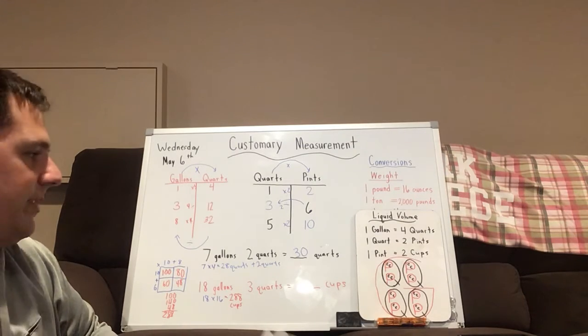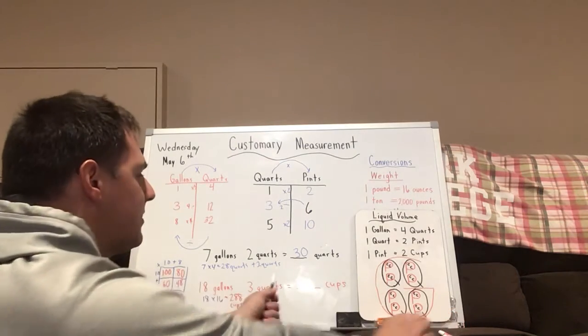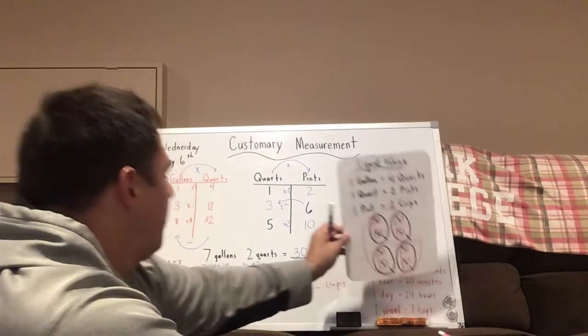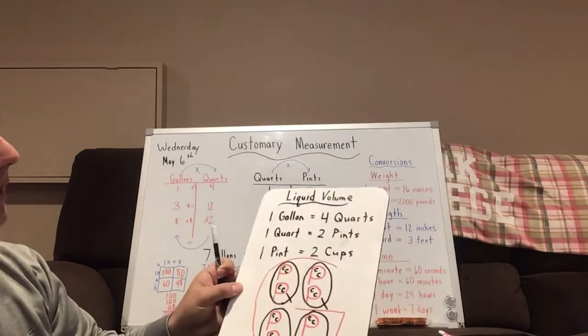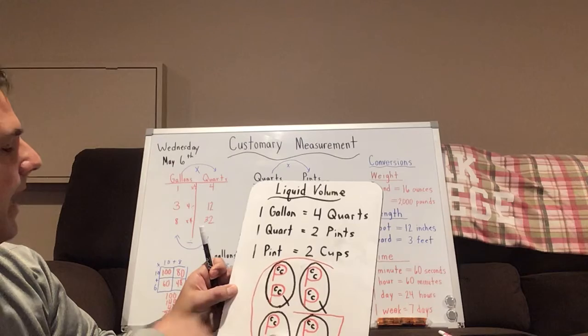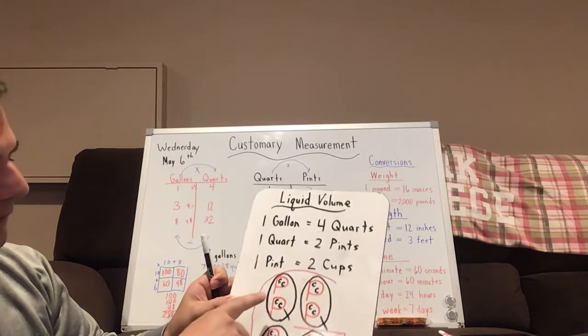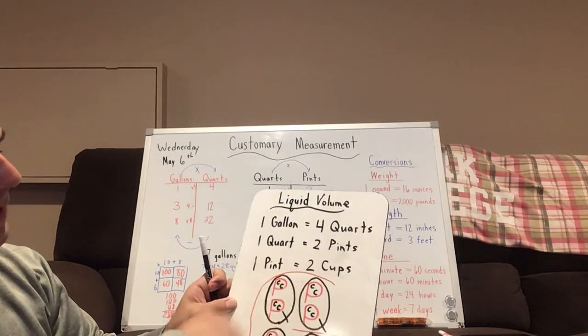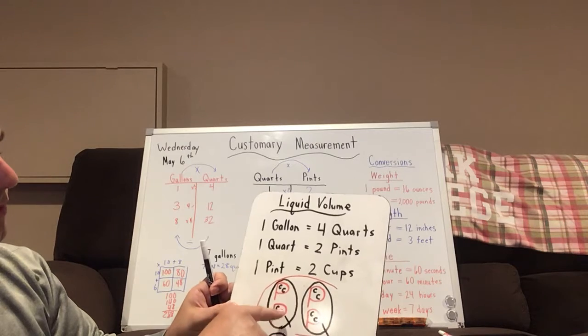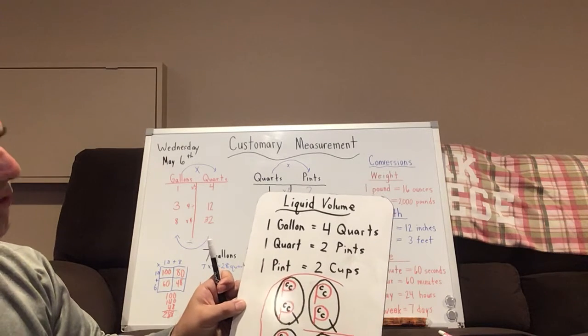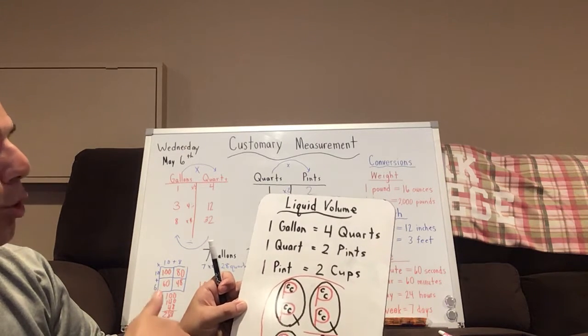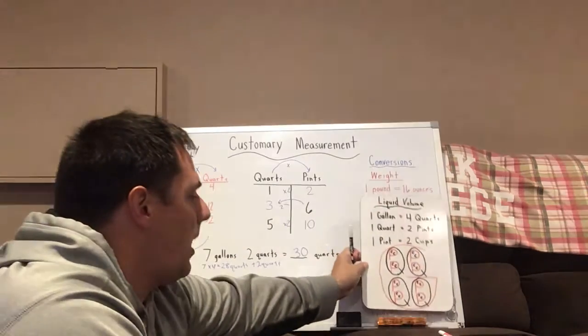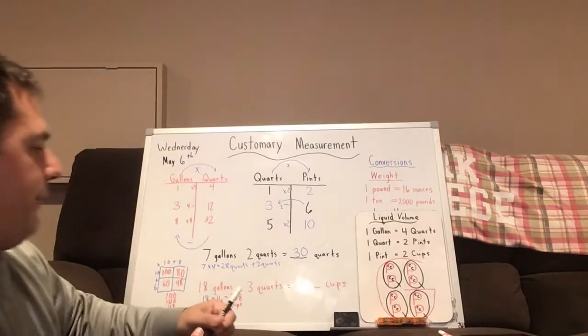So now I'm going to do the same conversion for quarts. I'm going to look at my picture and figure out how many cups are in a quart. So if I look at my Q, quart, I see that there are 1, 2, 3, 4 cups. So I know my conversion would be for every quart, there are going to be 4 cups. So it would be multiplying by 4.